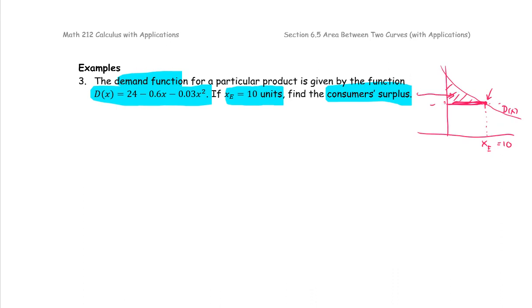To set up, I'm going to write CS as consumer surplus.